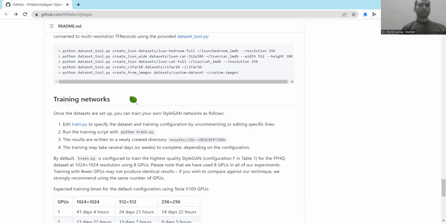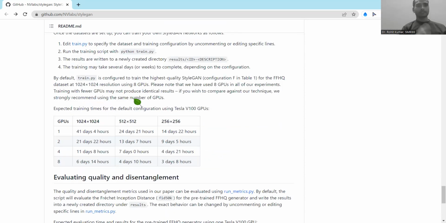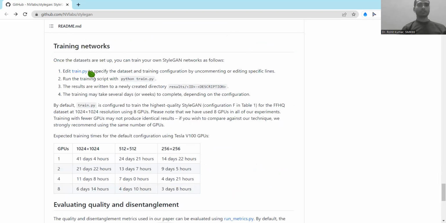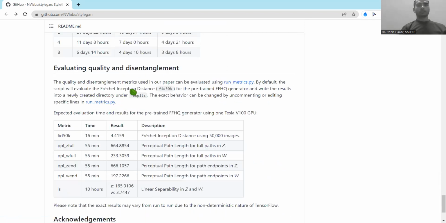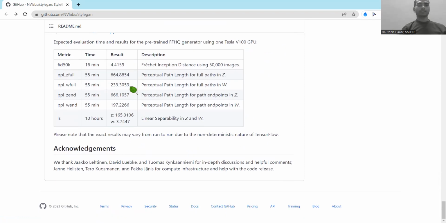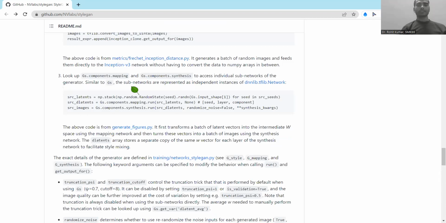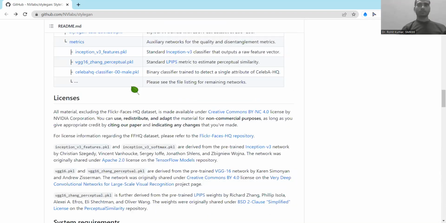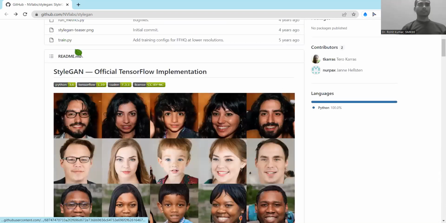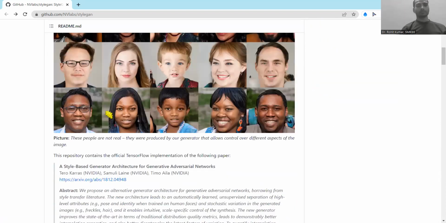Then coming to training the network, the training instructions are specifically given there, and you are supposed to go and edit them as per your requirement. Coming to the quality and disentanglement evaluation, all the related things are available. So it is a quite straightforward process. Nothing is there to cause confusion. That's why I'm recommending this particular repository.